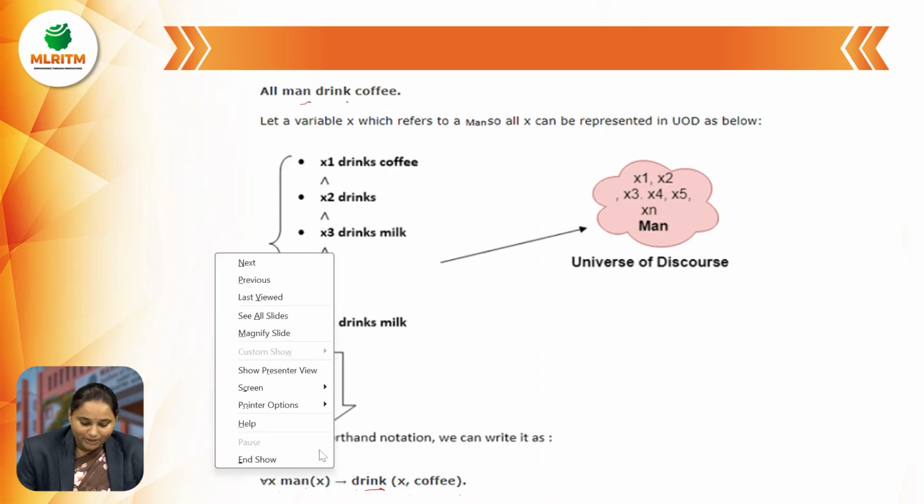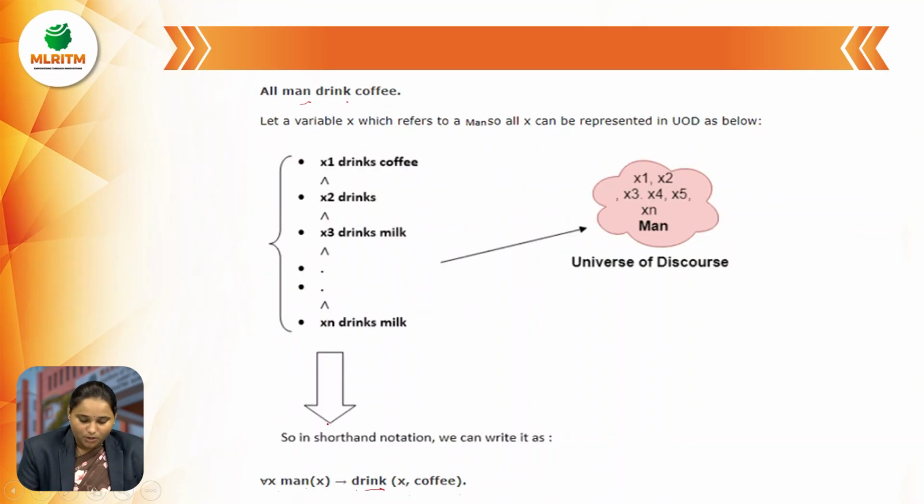How many men are there? 1, 2, 3 and so on up to n. Here we are including n men. So for all X, in this we are using all, meaning all those members. How many members are there? X1, X2, X3, X4, X5 and so on, Xn.